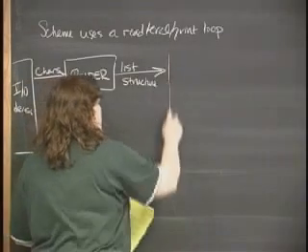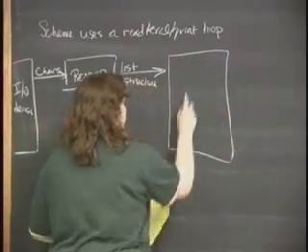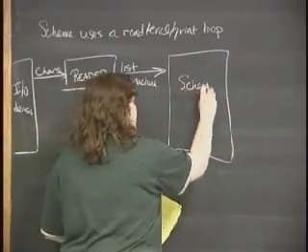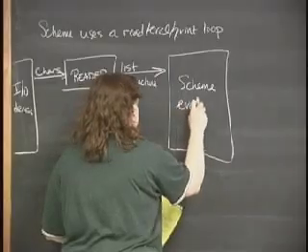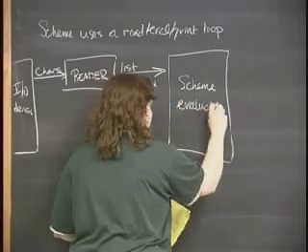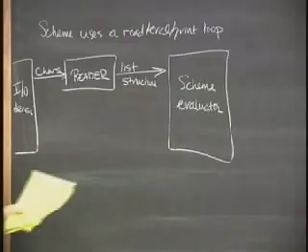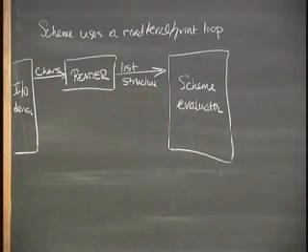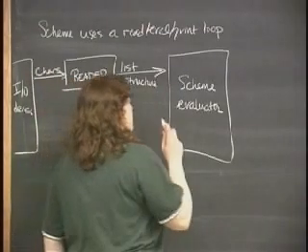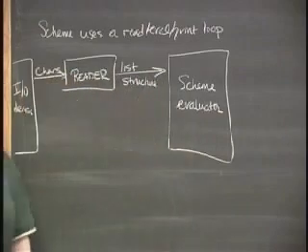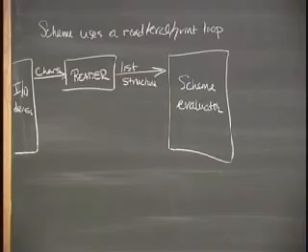And that list structure is passed over to the Scheme evaluator. And this is what's going to evaluate the expressions that we're typing in. The Scheme evaluator needs something more than just what we're trying to evaluate. When we evaluate an expression, where are we evaluating it?